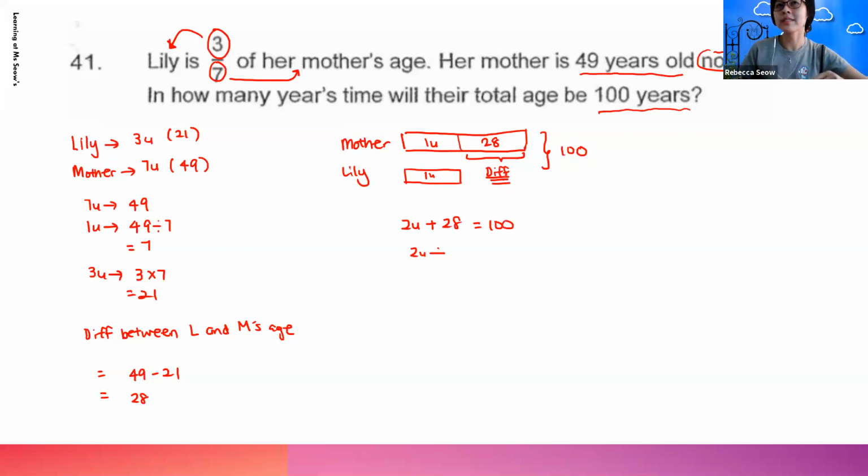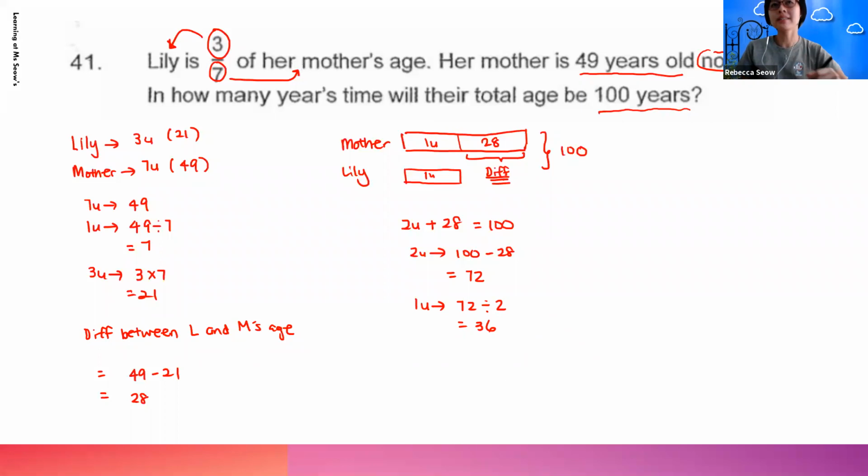So 2 units will make 100 minus 28. So that gives you 72. And 1 unit will be half of 72. That makes 36. Oh, all right, so now we know Lily would be 36 years old when Lily and her mother's ages total 100 years.